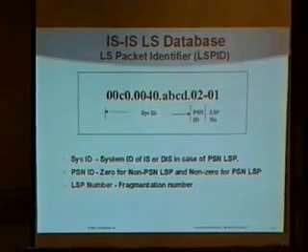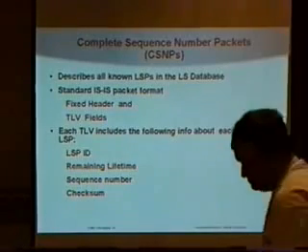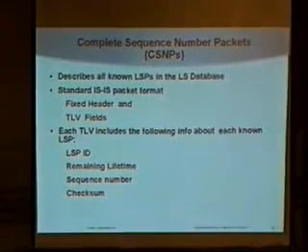Okay, so the other packets that play in the database are the CSNPs, and here we have the same format, a fixed header and TLVs. The information that we put into a CSNP is summary information, because what the CSNP is doing is providing us summaries of all the LSPs that we know about.